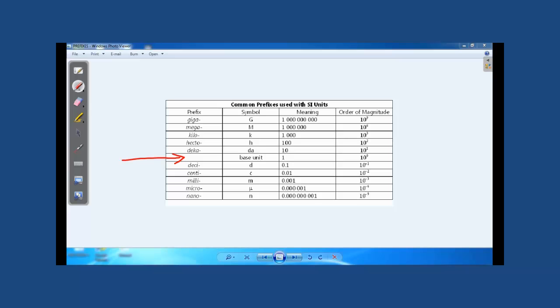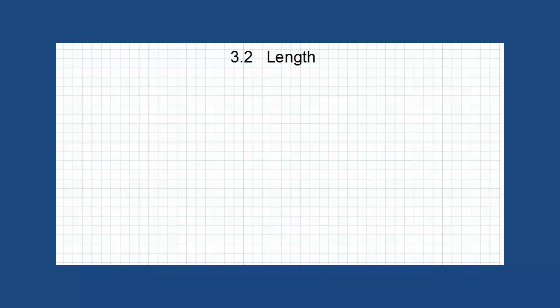If you go down, you will find the deci, centi, milli, micro, nano. You need to remember these symbols so it would be easy for you to convert between any length unit and another in this system. Let me show you how to do that.